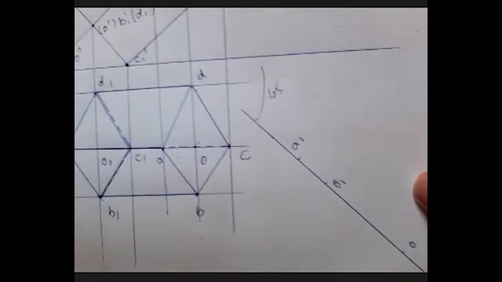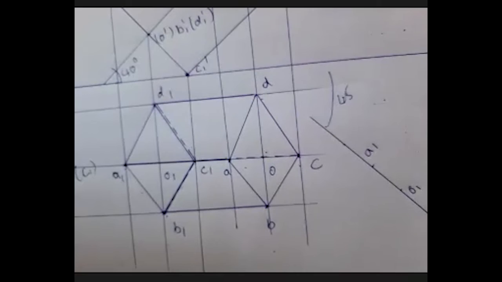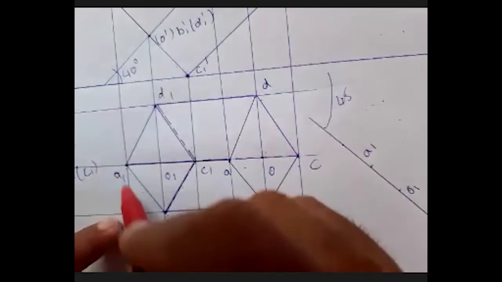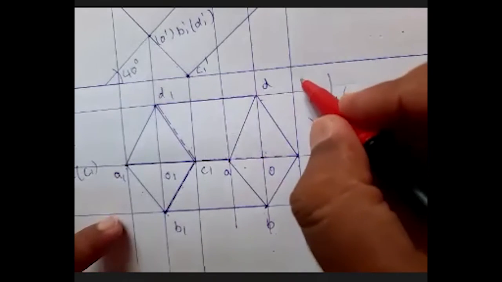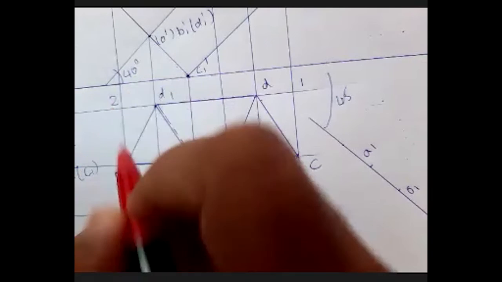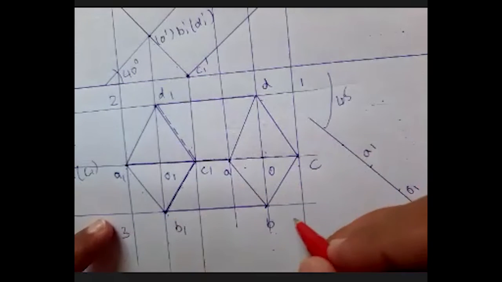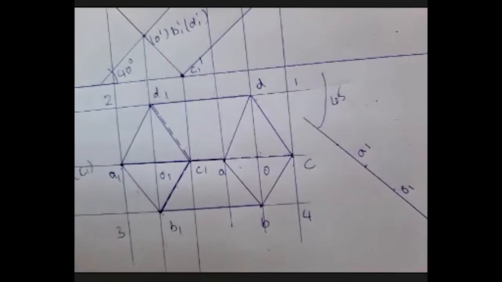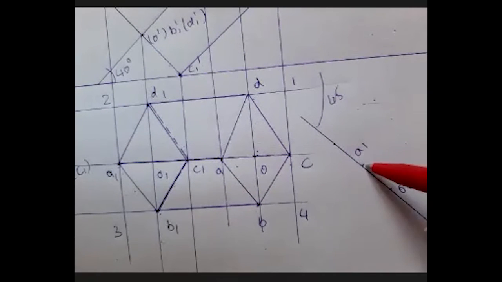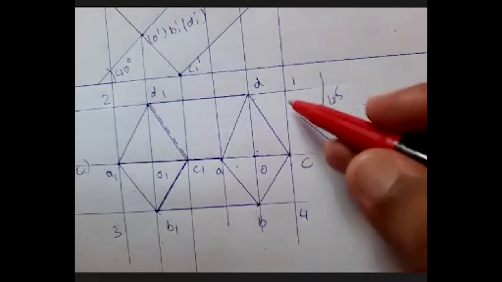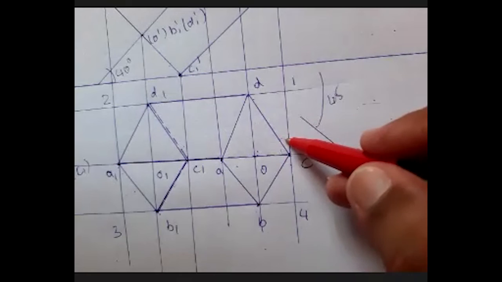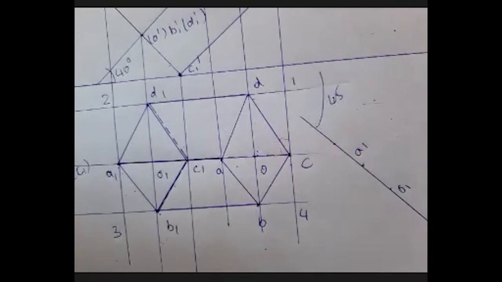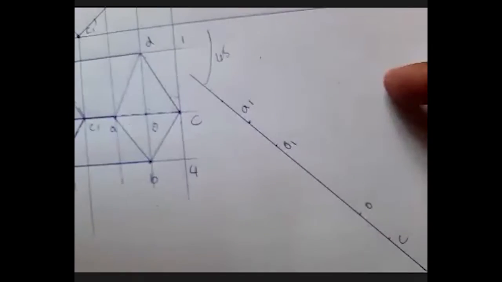Okay. So now I'm going to place this rectangle, that is 1, 2, 3 and 4, over here. I know point A, I know point C. These are at a 90-degree line. I know the line A1 to C, which I have already drawn.